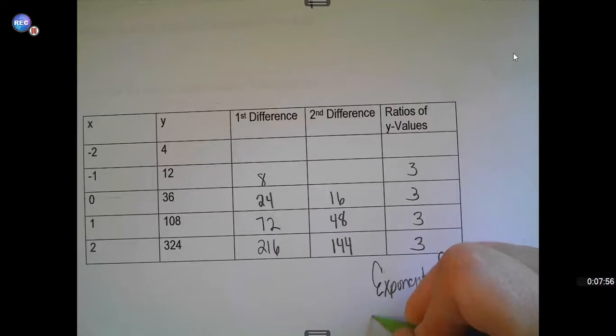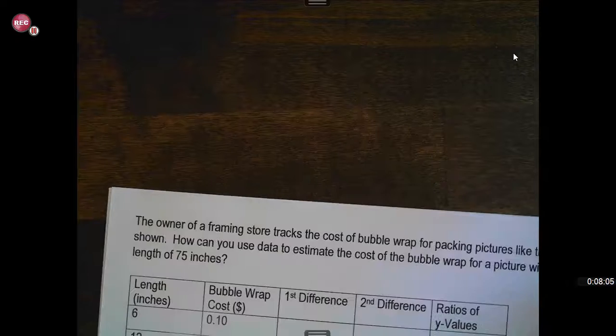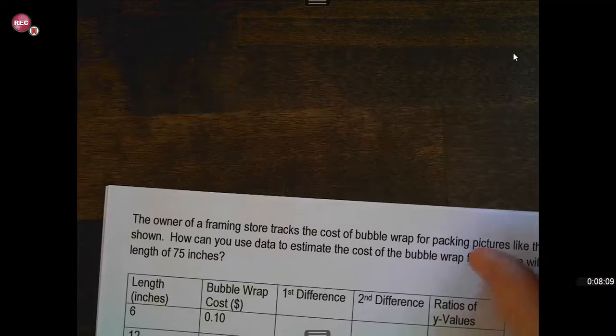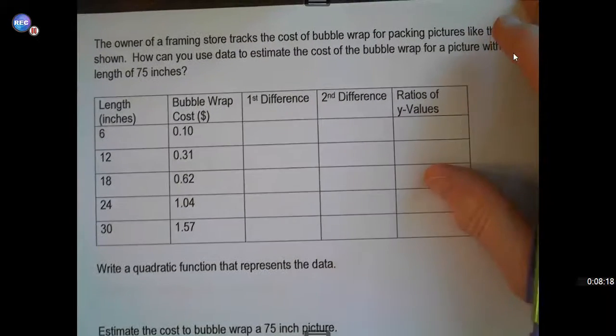That would be like f of x or f of t or something. I think we used a of x actually. I think this gives an example of what I was talking about earlier.